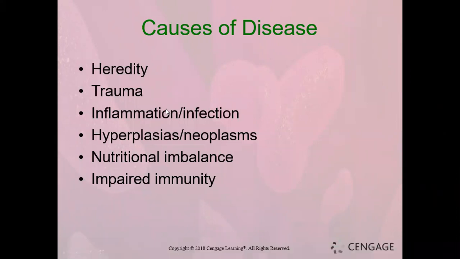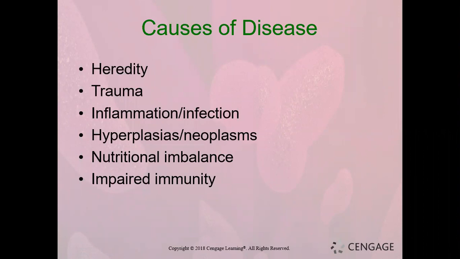So there are different causes of diseases. As you all, I'm sure, know, heredity: there are different diseases that are hereditary. Huntington's is one of those, and there are many. Diabetes is another one that can be hereditary, not always, but can be.